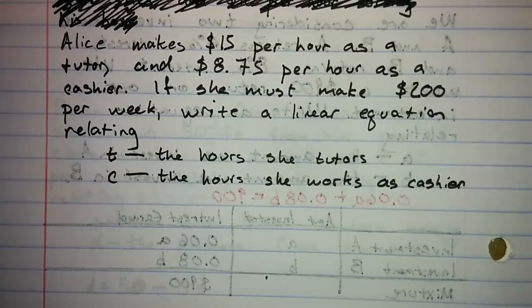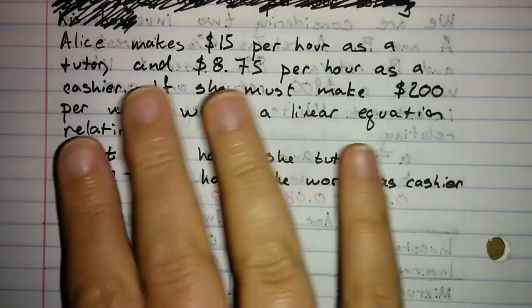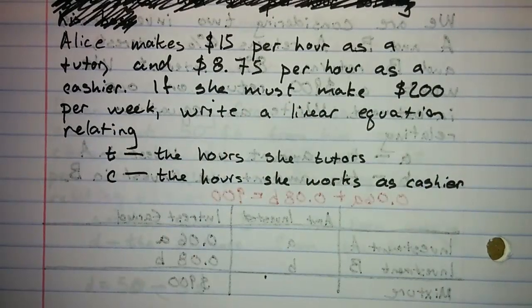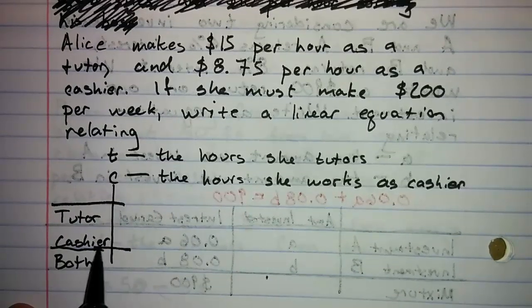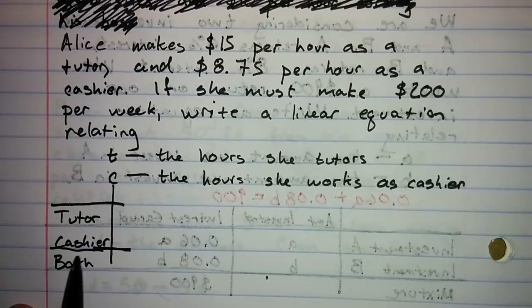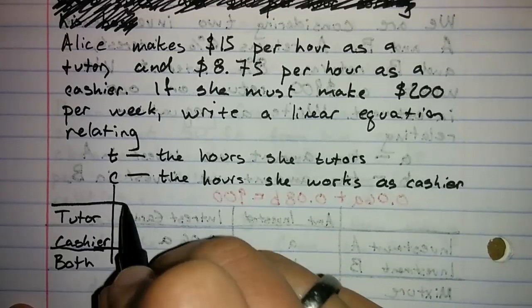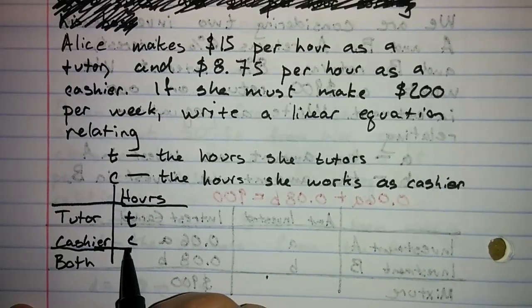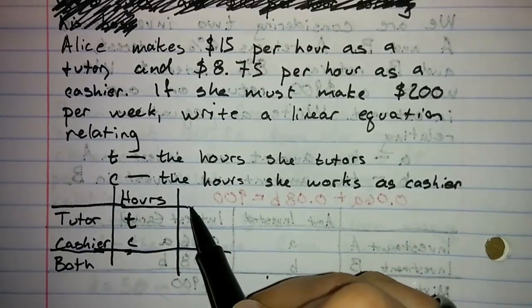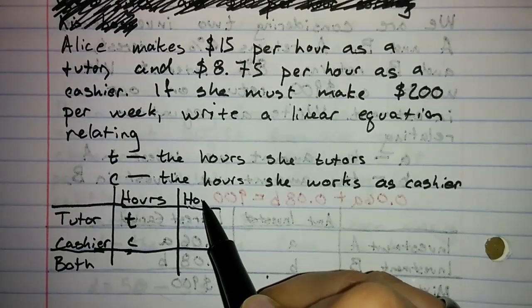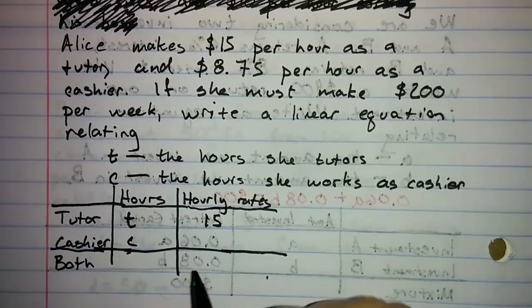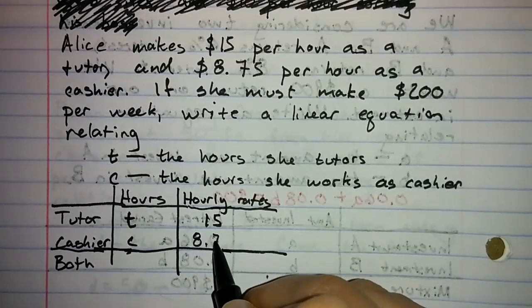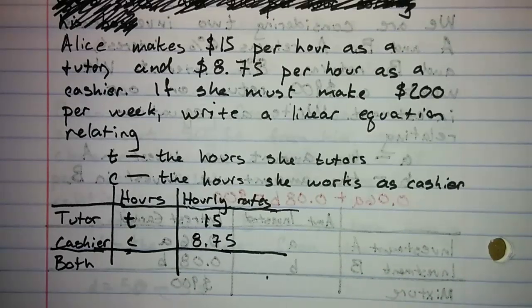Now again, this one is a little bit more straightforward, but I am going to organize the information in a table just for the practice. So our two components are working as a tutor, working as a cashier, and the two together. The hours are T and C, and then we have information about her hourly rates. She makes $15 per hour as a tutor and $8.75 as a cashier.